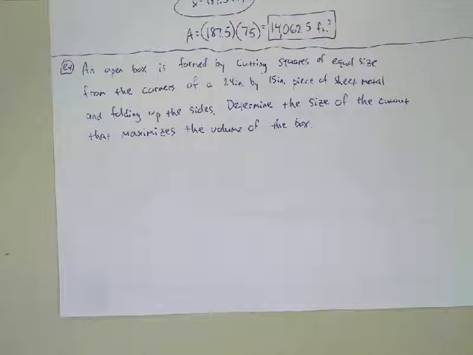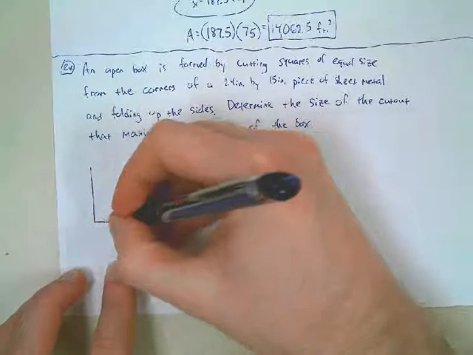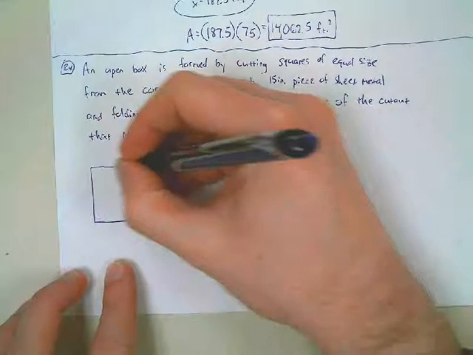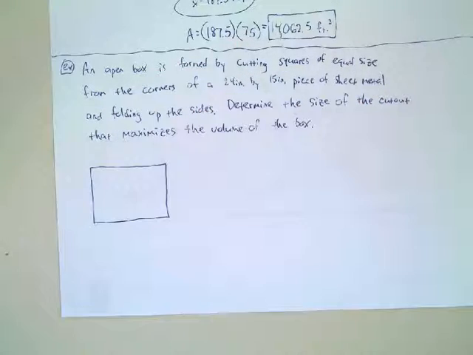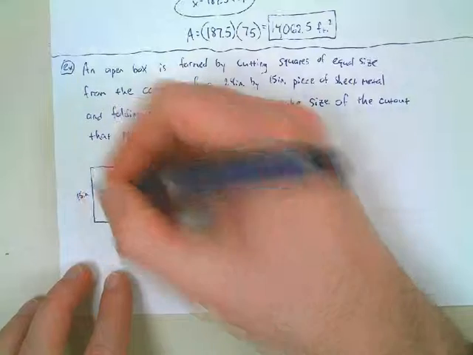So basically, you have like a piece of sheet metal. You cut out squares from the corners and kind of throw those away. Fold it, discard them, and then you fold it up. Yep, exactly right. So we have our rectangular piece of sheet metal that we start with. It's 15 inches by 24 inches.